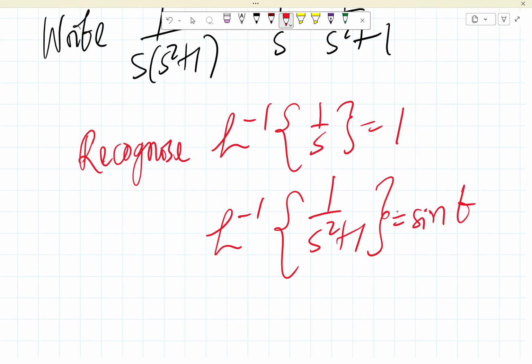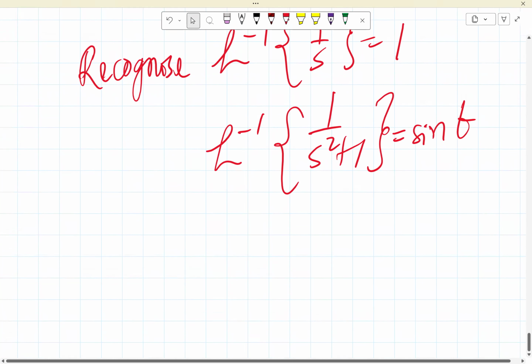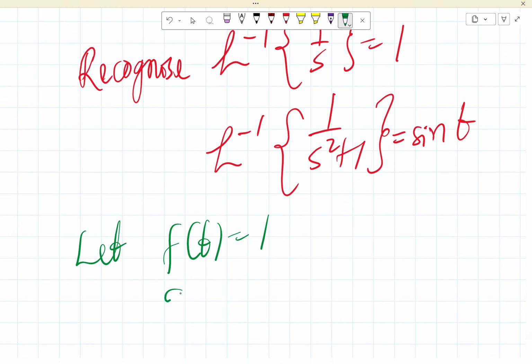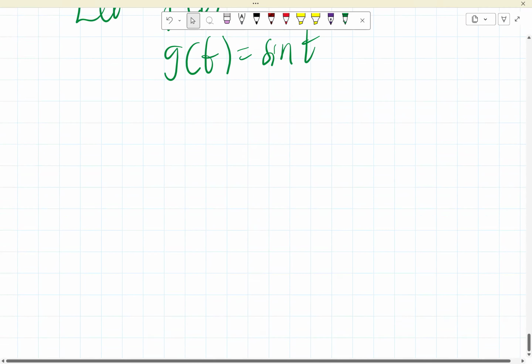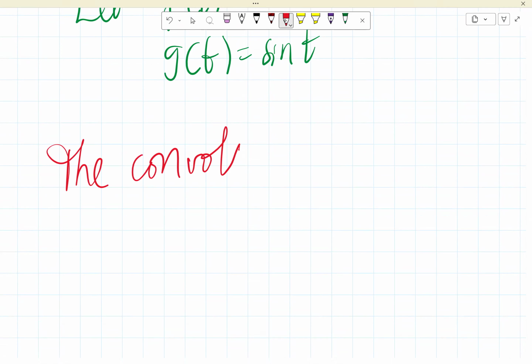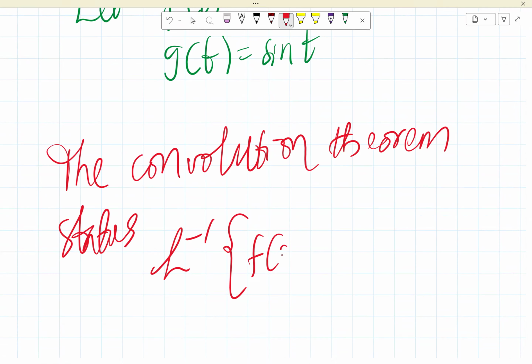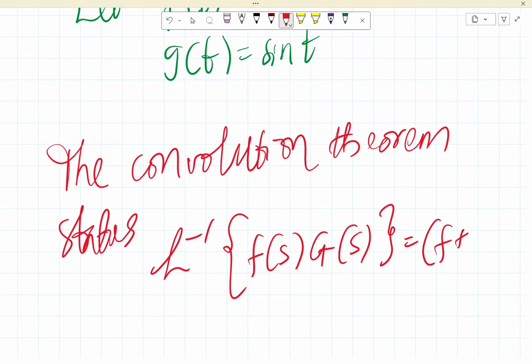So if we let f of t be equal to 1 and g of t be equal to sine t, based on our recognitions, right? Applying the convolution method, we know that the convolution theorem states that the inverse Laplace of F of s times G of s is simply f convolved with g of t.